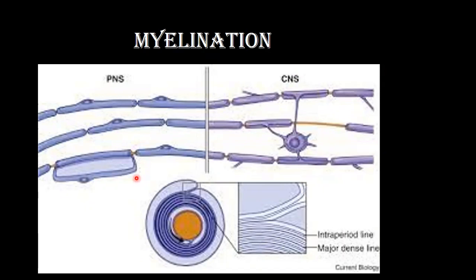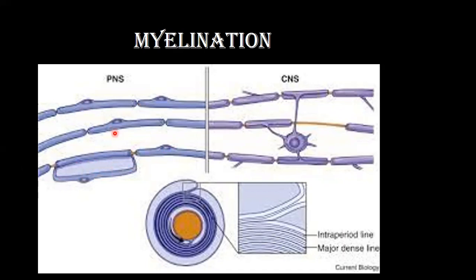In the peripheral nervous system, what happens? The axon is naked. Firstly, we have our axon that is totally naked. It does not have any myelin. Then it is accompanied by a linear row of Schwann cells. You see these Schwann cells coming over here, here, here.